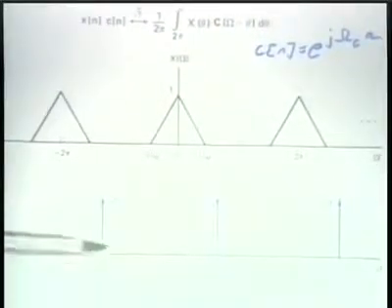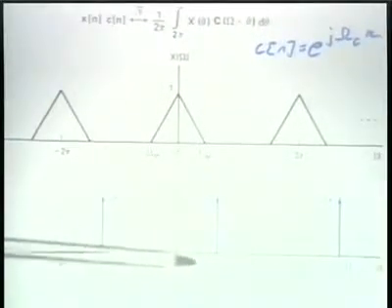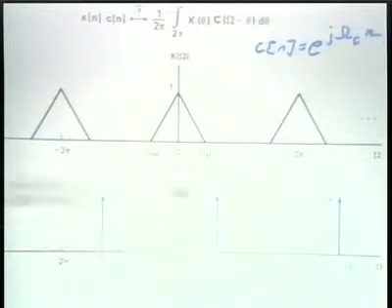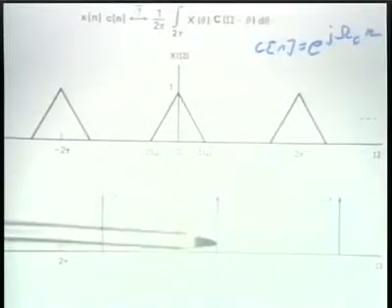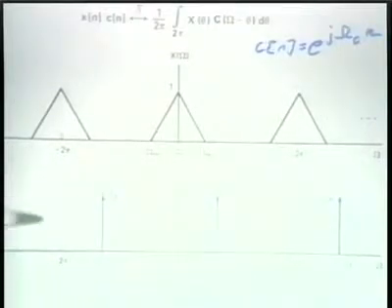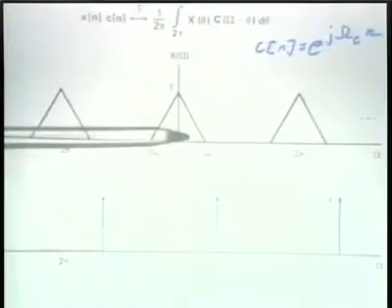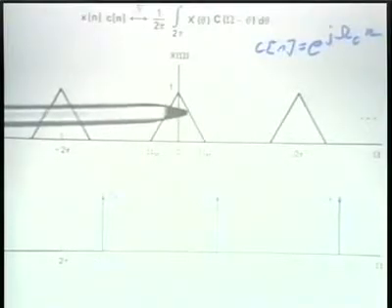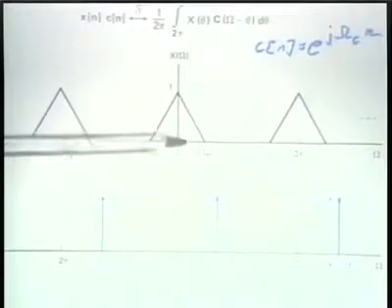And let me stress also that in the discrete time case, of course, these spectra and all of the spectra involved are periodic with a period of 2 pi. So this then is the spectrum of the carrier signal. This is the spectrum of the input signal. The periodic convolution of these two is the spectrum of the modulated signal.